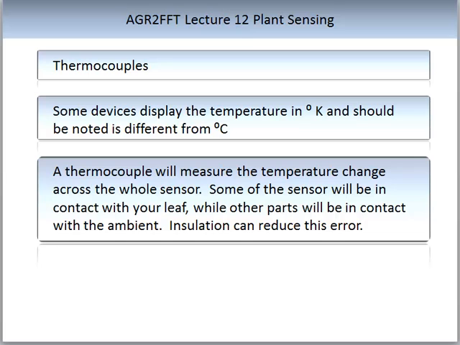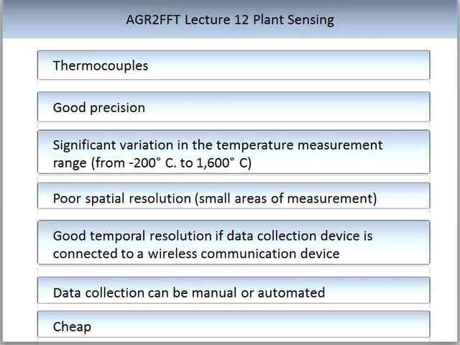However, if you are using temperature as a relative sensor, i.e. trying to determine the relative change between one treatment versus another, or one management system versus another, then this is an excellent and cheap sensor. Some of the characteristics of thermocouples worth mentioning: They have excellent precision.